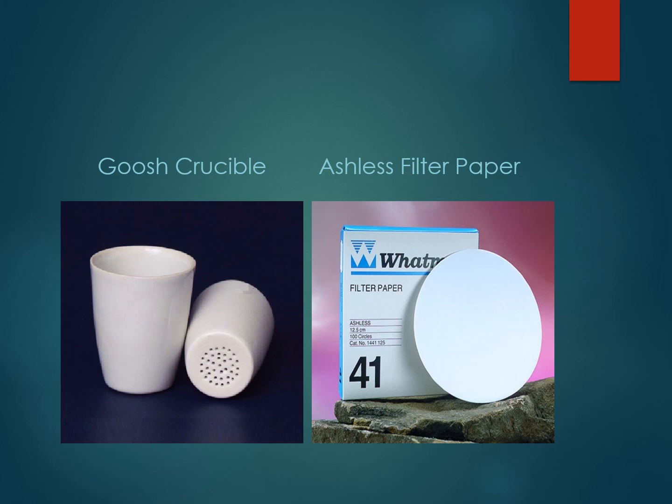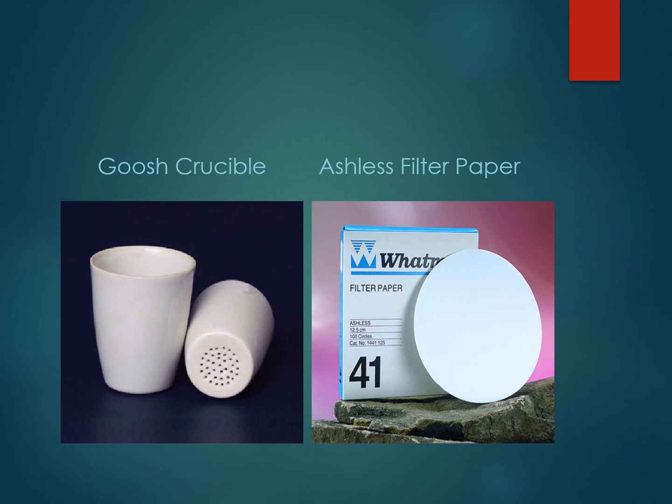Okay, so weighing is usually carried out using the ashless filter paper. Why do we use ashless filter paper? Because ashless filter paper can be burnt away using an apparatus called a Gooch crucible.